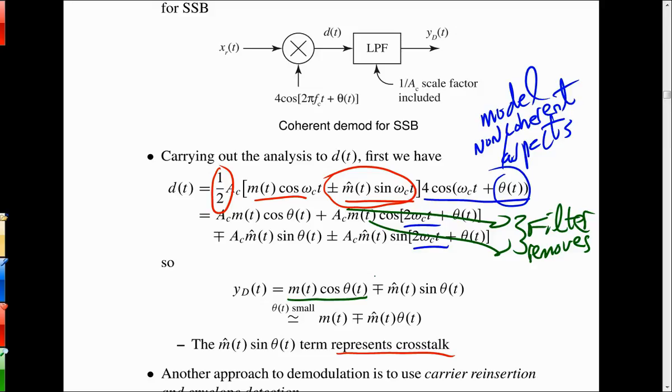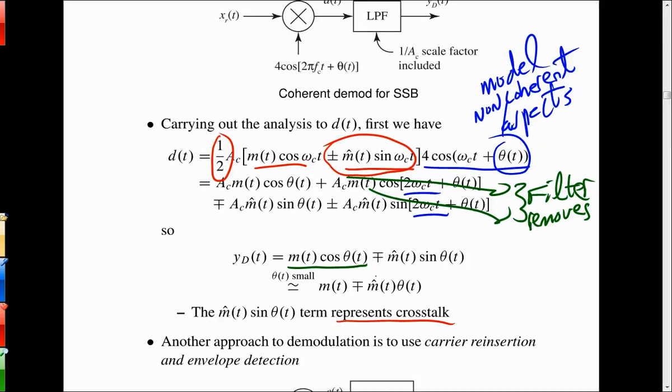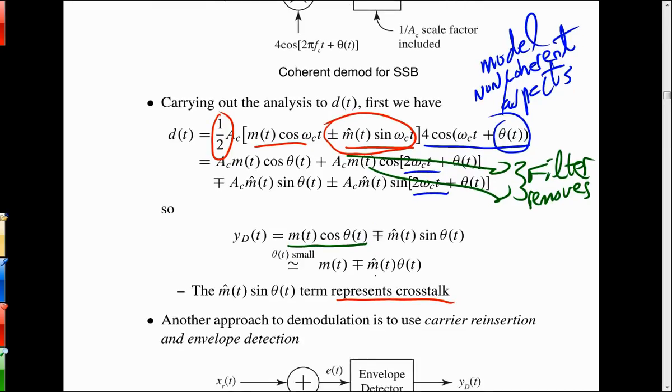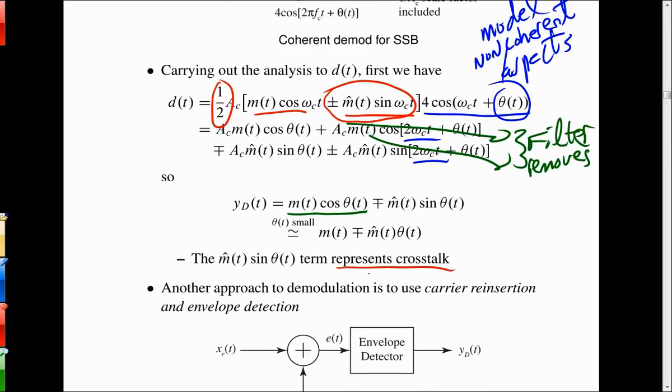And if, say, theta is small or slowly varying, then we can use a small angle approximation for the sine and say it's just the angle, and the small angle approximation for cosine would be it's approximately 1. So we just have the message plus this term that's referred to as crosstalk.